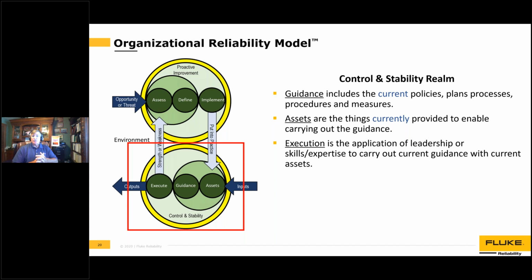And the gaps that you also see, well, I'll call it ambiguities, gaps, and overlaps in guidance, right? Ambiguity in guidance means that it's not clear what the guidance is talking about. Gaps means that there's something that is not covered by a policy, plan, process, procedure, or measure.